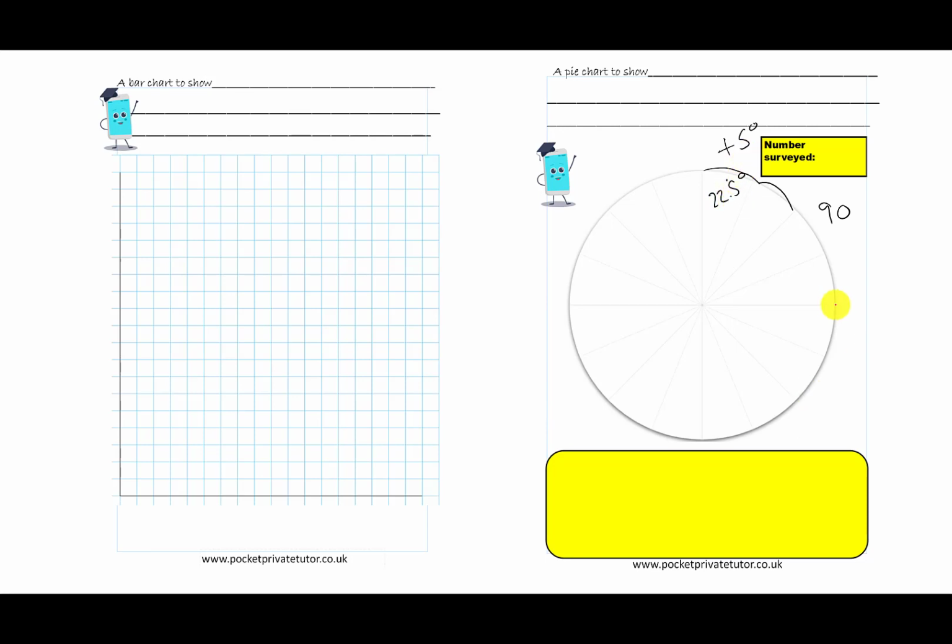Or you could also say all of this is a quarter, which means that this section is an 1/8 and this section is a 1/16. It just gives you a bit more help with segmenting. You could also say that all of this is 25%, which means that 2 of these are 12.5%, and that 1 of these is 6.25%.